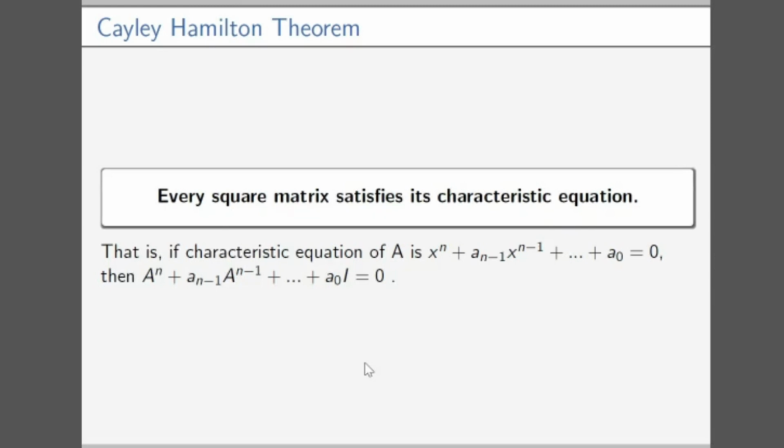If I'm replacing these x by A, and since a naught doesn't have any x term with it, we'll be adjoining the term I, that is the identity matrix of the same order as that of A. So when I'm checking the equation, A raised to n plus a n minus 1 A raised to n minus 1 plus etc. plus a naught I, it will be the 0 matrix. That is what it means, that every square matrix satisfies its characteristic equation.